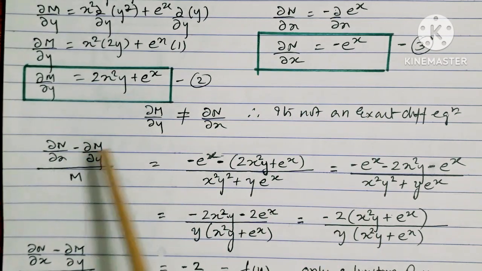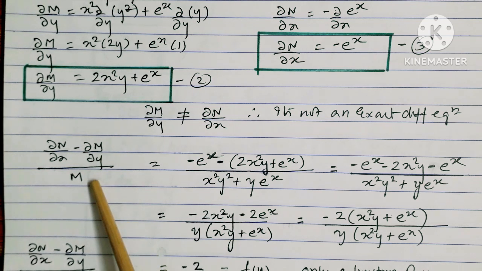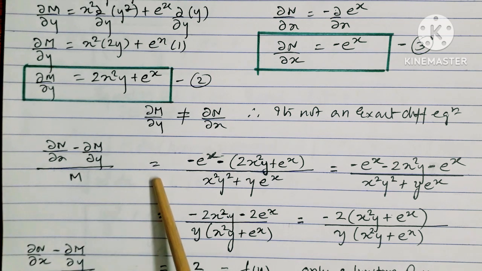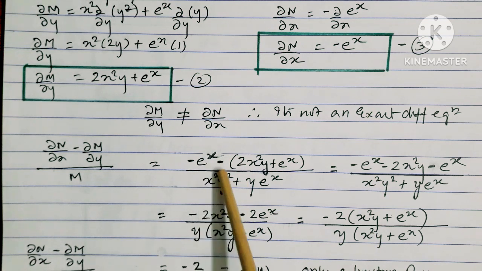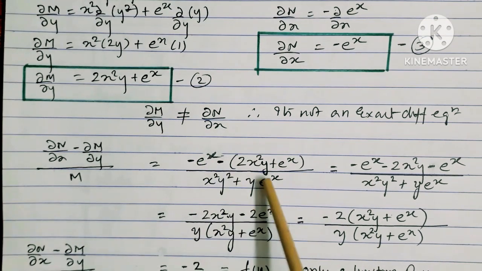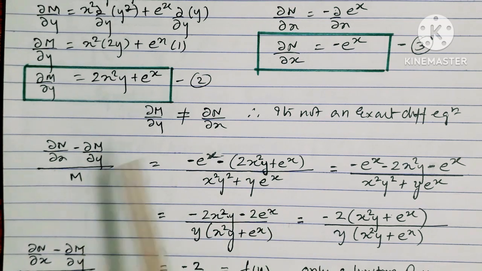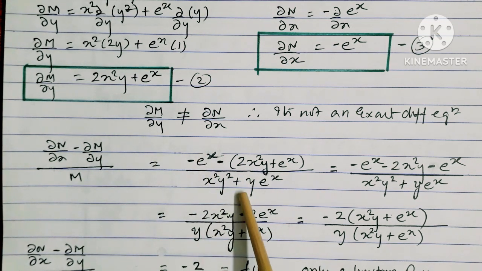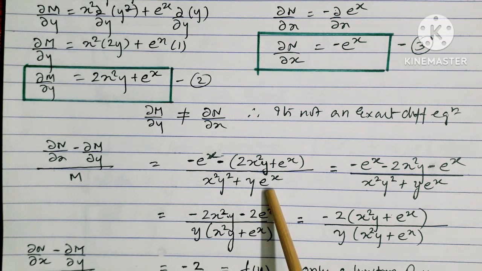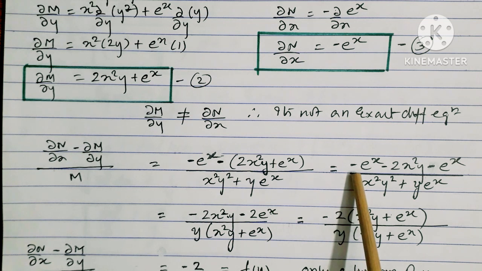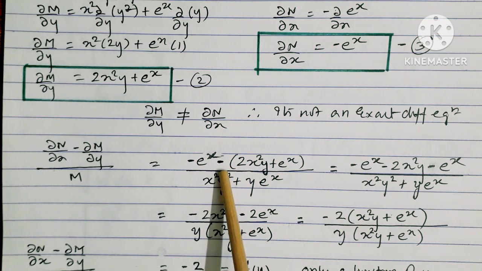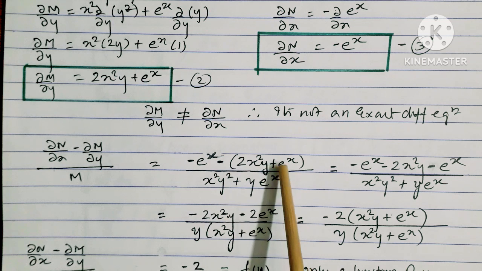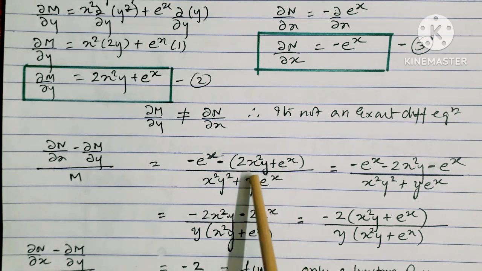Therefore (∂N/∂x − ∂M/∂y) upon M is equal to (−e^x − (2x²y + e^x)) upon (x²y² + y e^x). This will be equal to −e^x, and now since there is a negative sign outside the bracket, when we open the bracket, both the terms inside the bracket would change their sign.